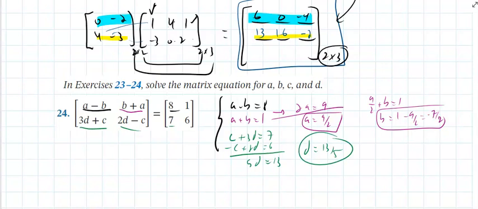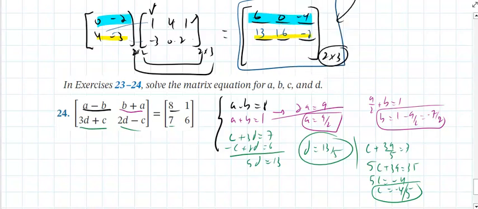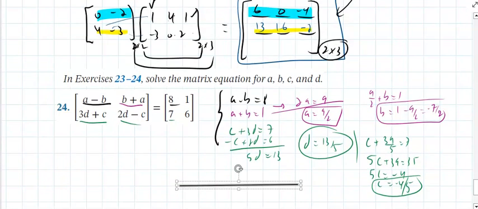And once you get that, take any of the equations, say the first: C plus 3 times 13/5, that's 39/5, equals 7. So 5C plus 39 equals 35. Subtract from both sides, that's a negative 4. C is negative 4/5. Again, practice, nothing more. That's pretty much it for this section.